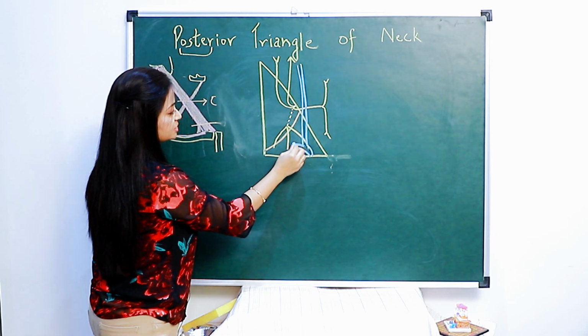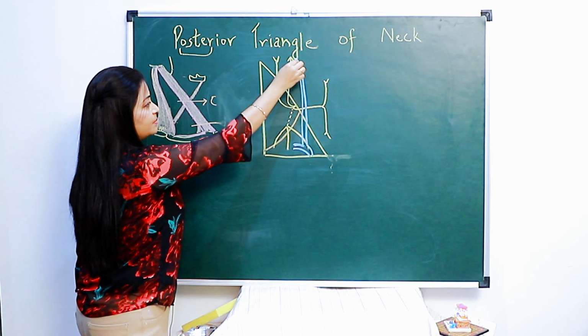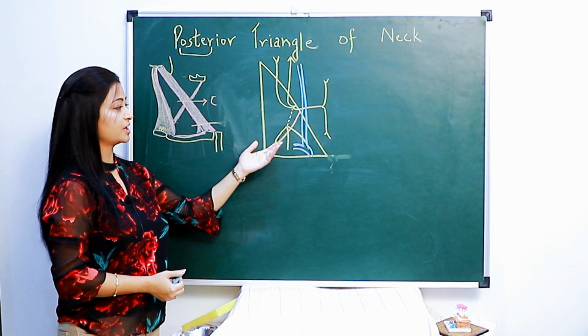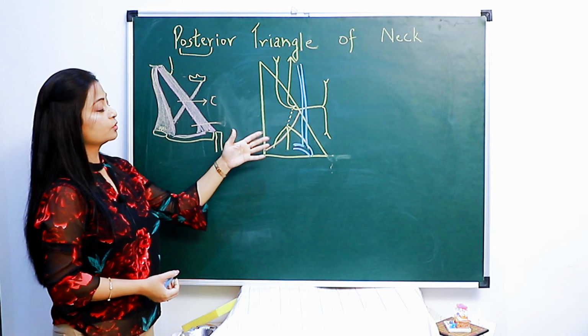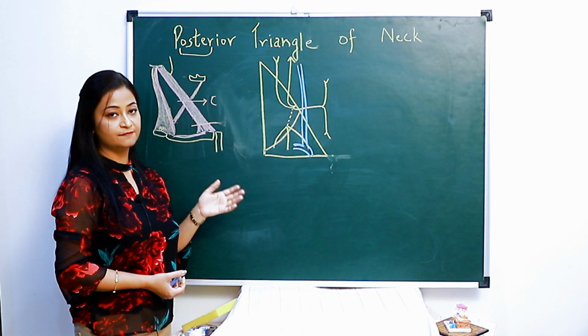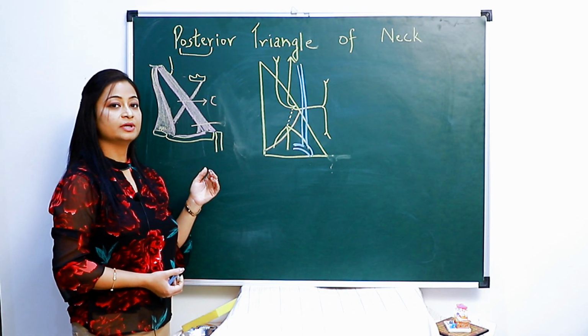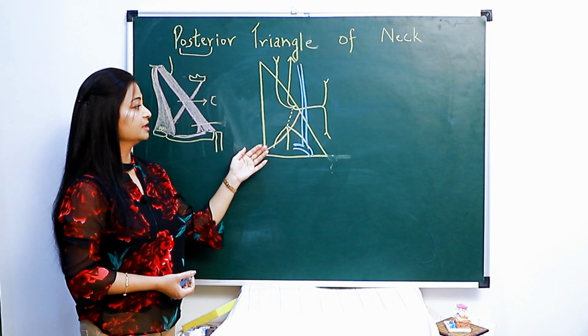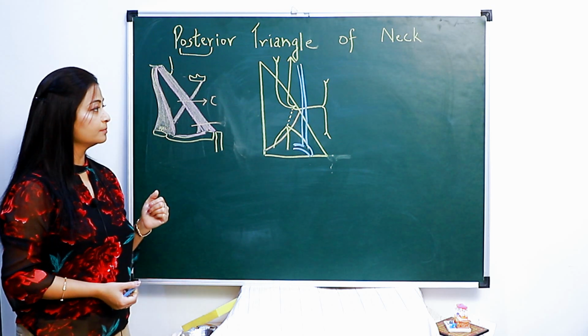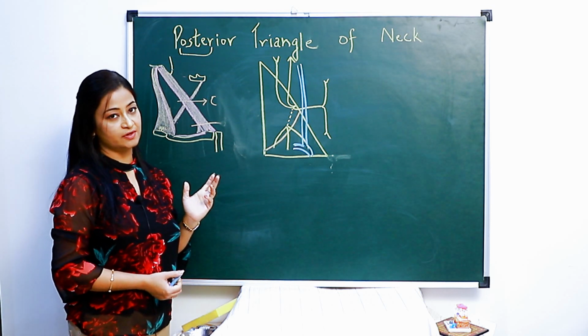So it terminates into the subclavian vein, and this part of the external jugular vein lies in the posterior triangle. Now deep to all these structures and the superficial fascia lies the deep cervical fascia, and that too its investing layer. So these were the structures forming the roof of this triangle.